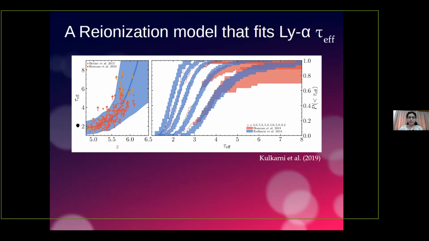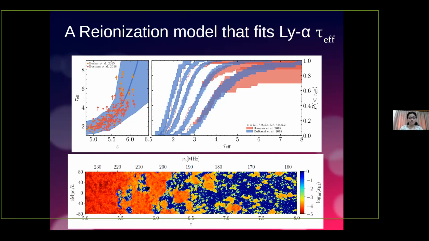Looking at the light cone of this late reionization model, we can see that there are very large neutral patches at very low redshifts, even at redshift 5.5, as large as 100 megaparsec. These add fluctuations into the neutral regions, which correspond to the spatial fluctuations of the effective optical depth of Lyman alpha.